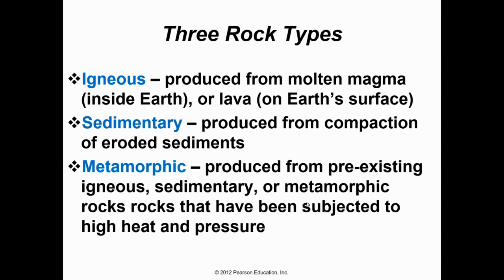To explain it easier, lava is molten rock that exits onto Earth's surface, while magma is molten rock that's below ground, basically stored below ground.